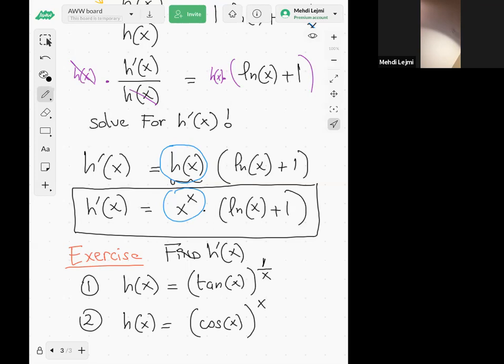So you see, guys, the goal of this exercise: because in the base there's x and in the exponent there's x, we have to apply this ln trick or log trick. I'm going to give you 10 minutes, guys, to think about this exercise.